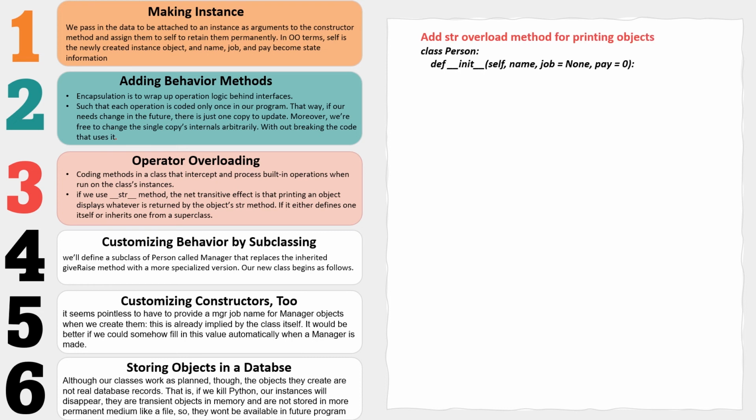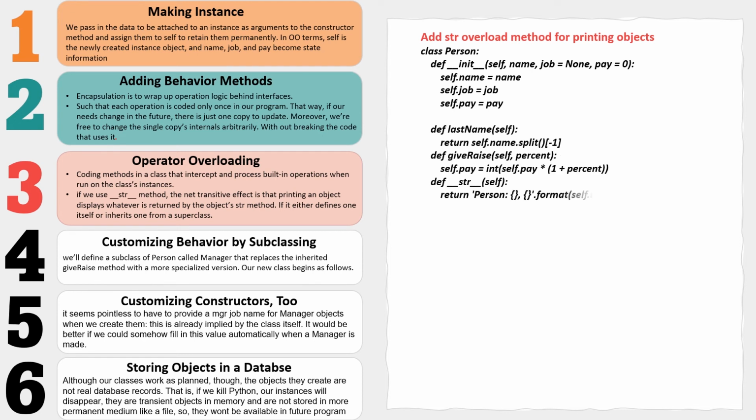Unfortunately, the problem here is the default display format for an instance object isn't very good. It displays the object's class name and address in memory, which is essentially useless in Python except as a unique identifier.